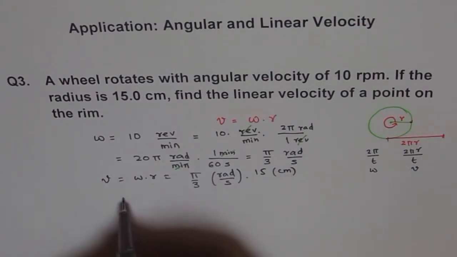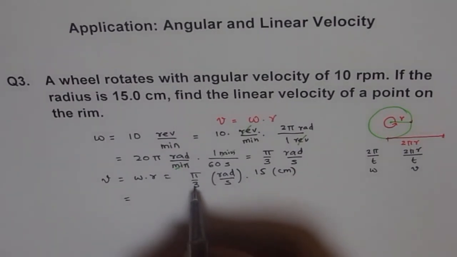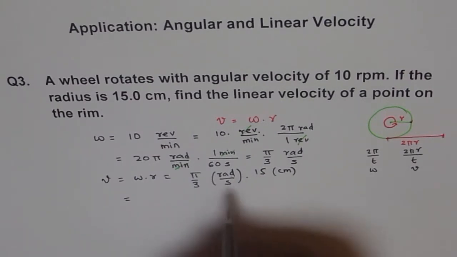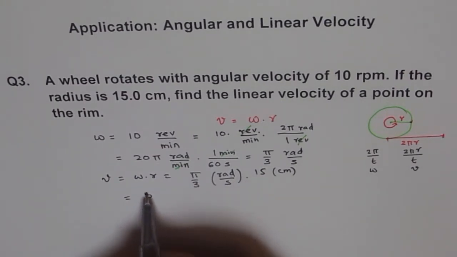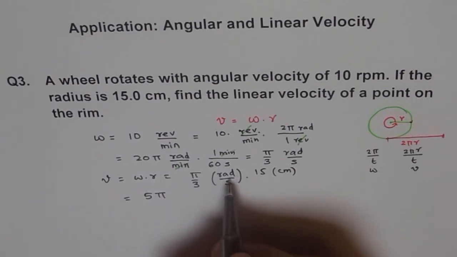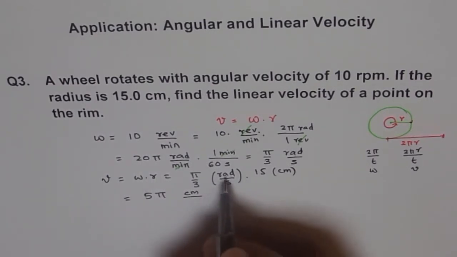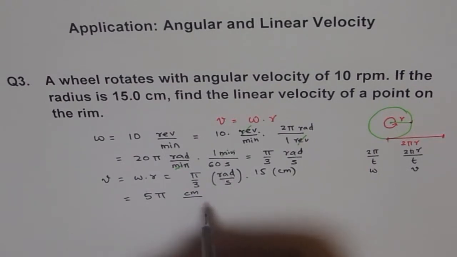So let's do that. 3 divided by 15 gives 5, right? So we get 5 pi centimeters per second we can write here, because strictly speaking radian is not exactly a unit. It's a way of saying that we are still dealing with angular things, right? Somehow the angle component theta is there in it. And we have centimeters per second.